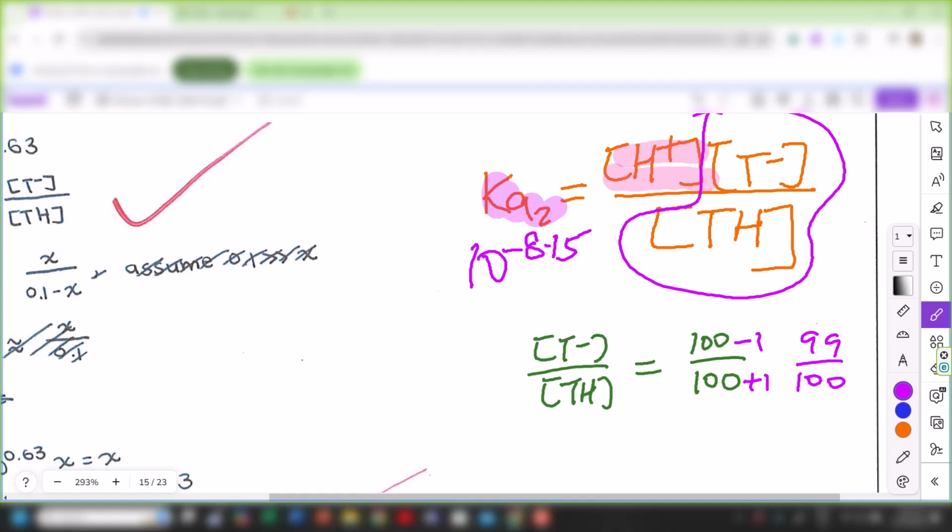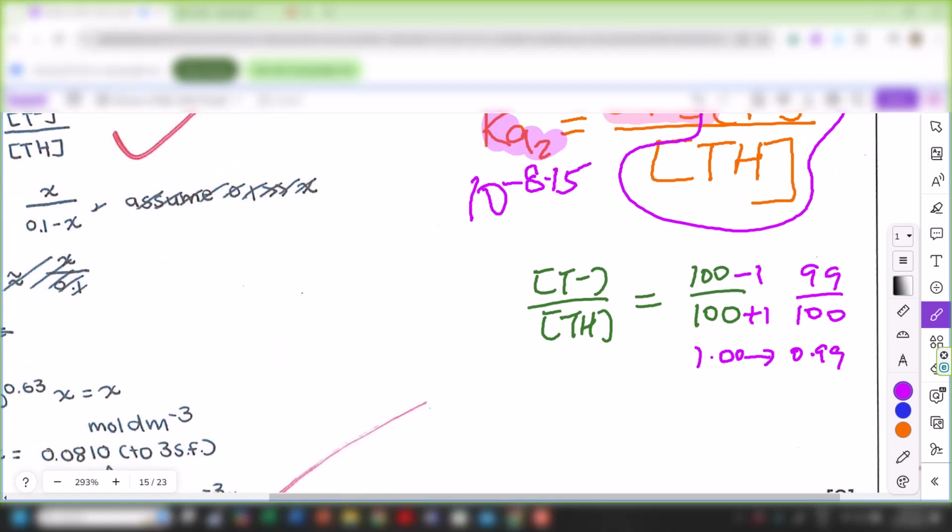Which is actually not much change, because the change is from 1.0 to 0.99. So it's a 1% change, correct? Then let's say my ratio is just made of 10 species. If I add 1 H plus, minus 1 plus 1, I'm actually getting 9 over 11.